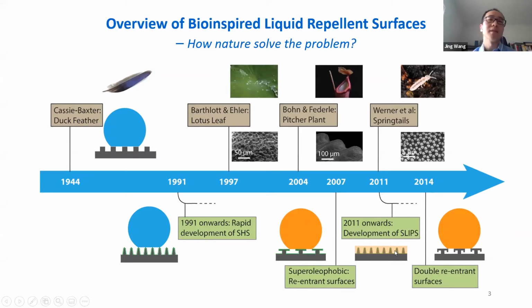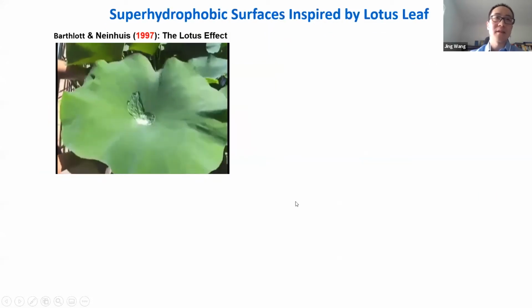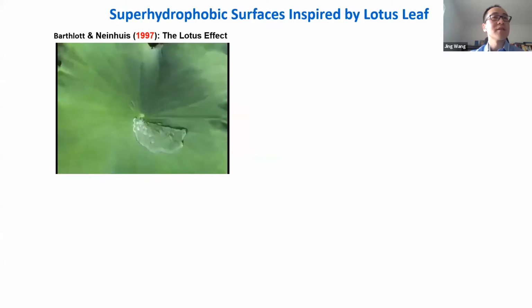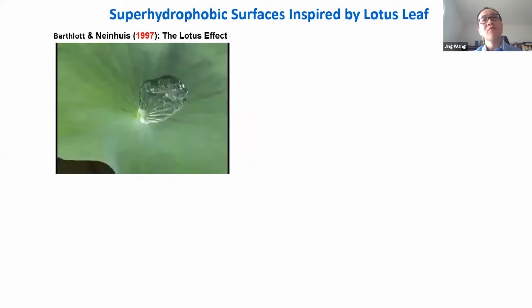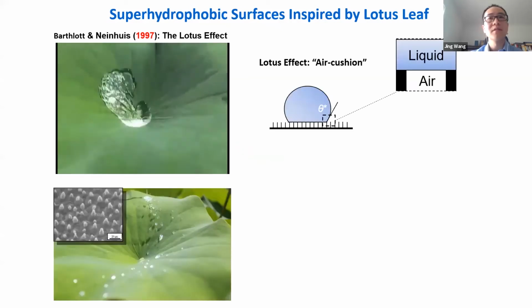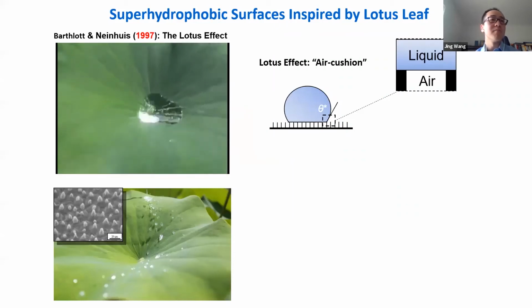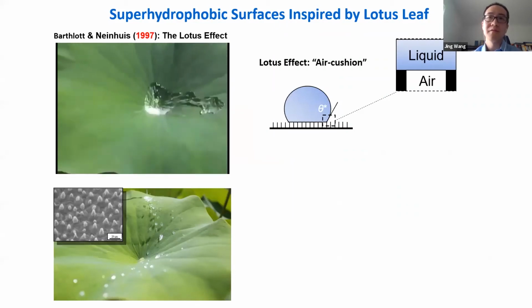Take the Lotus-Leaf effect, for example. It is summer now, and we can see this effect, where water droplets bead up on the Lotus-Leaf. The reason it beads up is because of the nano and micro hierarchical structures on the Lotus-Leaf.